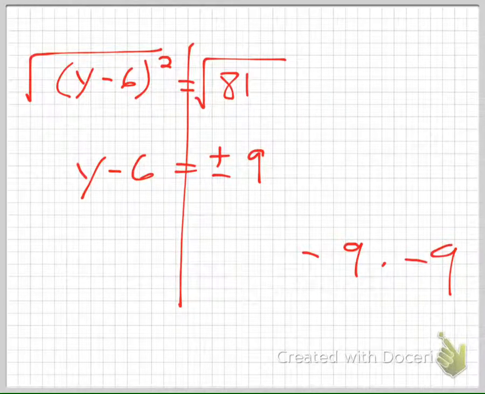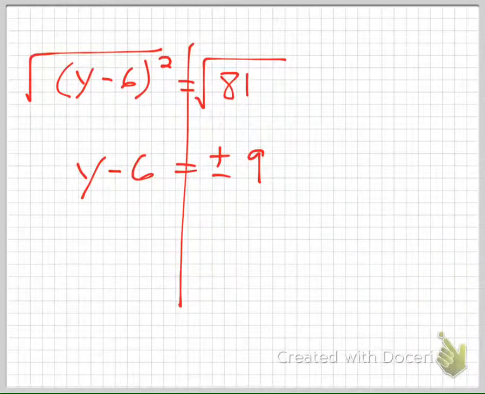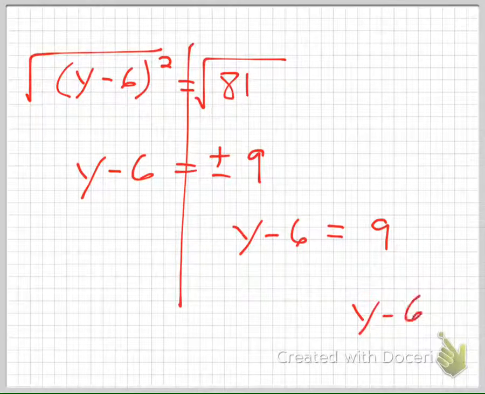Don't you agree? Isn't that true? Okay, well then, so now we have two possible answers here. So I have to solve it for both. So I have y minus 6 equals 9, and I have y minus 6 equals negative 9. Whatever I come up with, both. Now my answer is both of those numbers. Does that make sense?